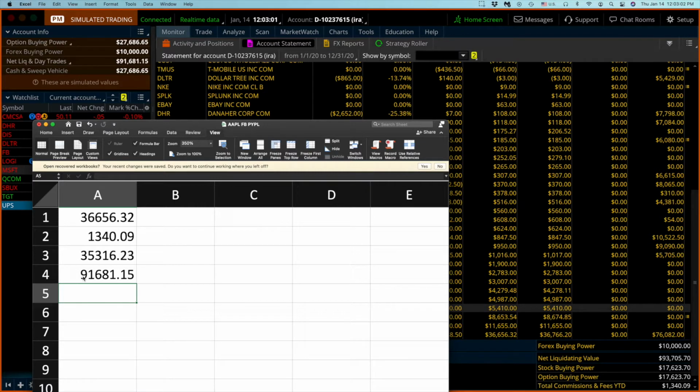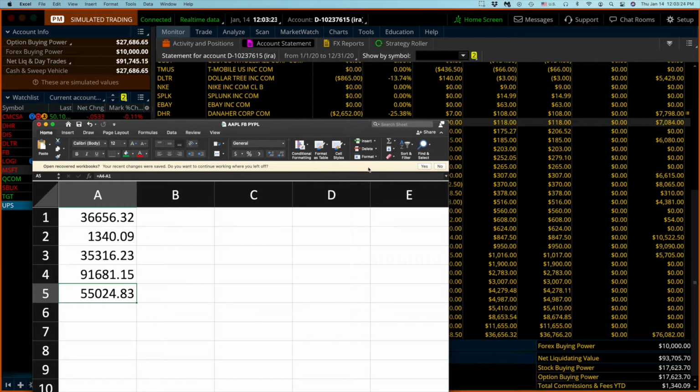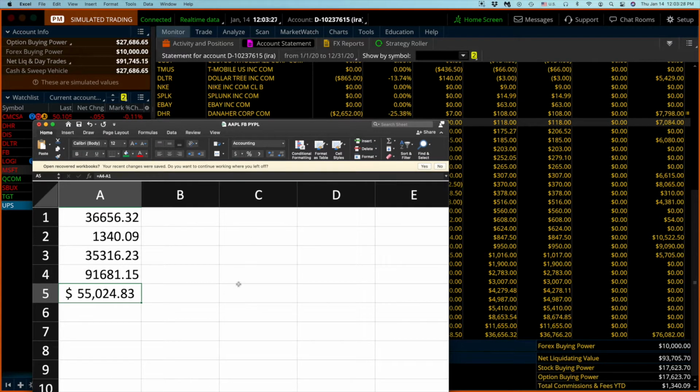So our original value would have been that 91,000 minus the gains without including commissions. So then the commissions are out of the way. So this is what our account value was. We can set this in the spreadsheet as dollars. So that was our value.